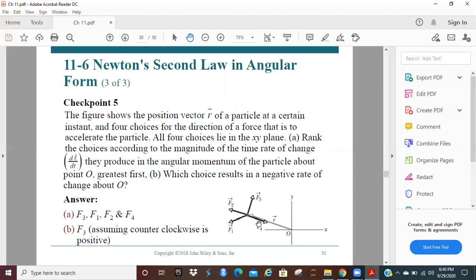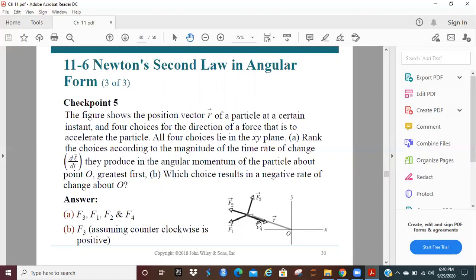F1 is going to be our next best bet. While it is not perpendicular to that particular arm, it is at an angle. If it were not at an angle, such as with forces 2 and 4, we're either taking the sine of 0 in the case of F2, or the sine of 180 in the case of F4.